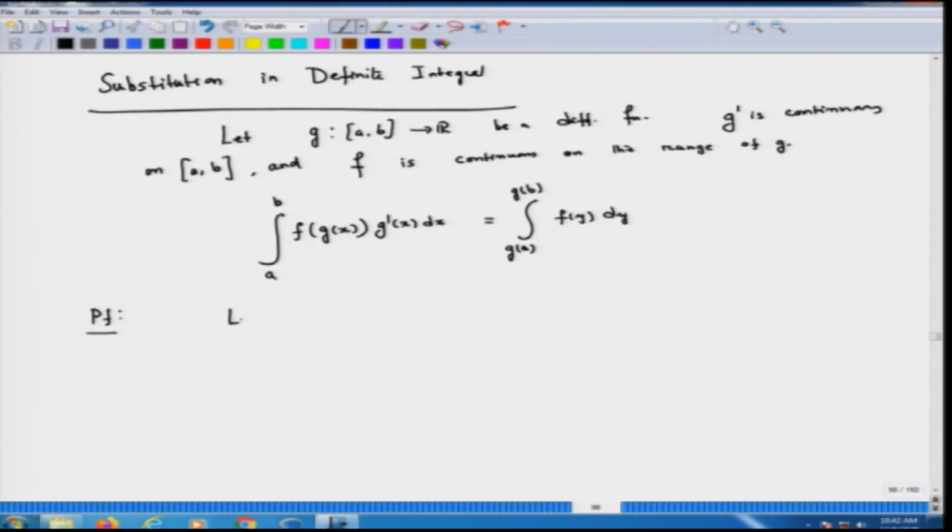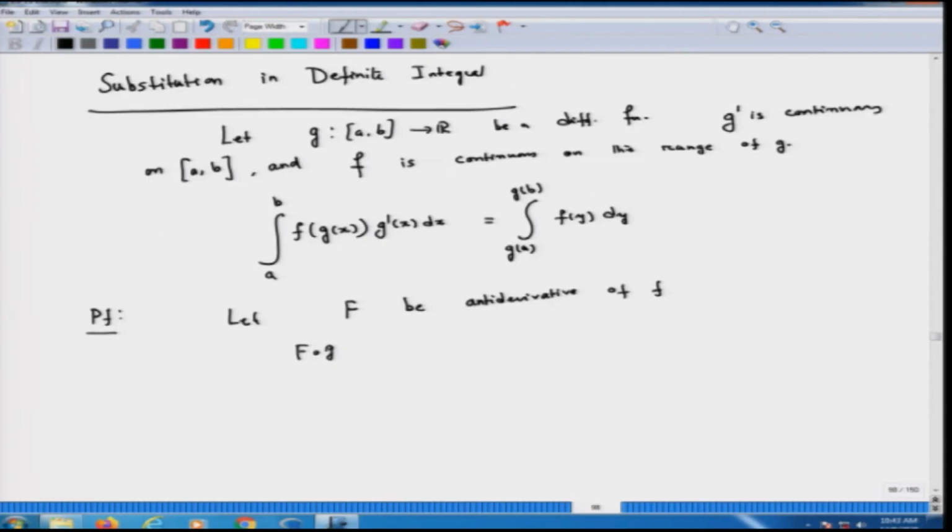So, let F be an antiderivative of f. Now, you consider this F composed with g, because the domain of this capital F is nothing but the domain of small f.